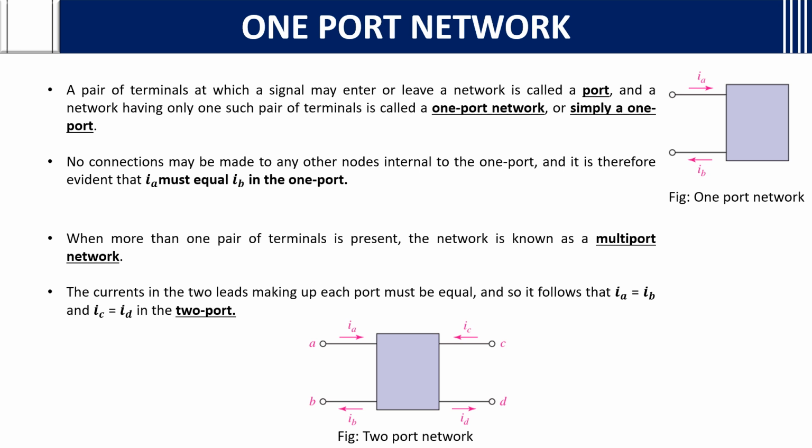If there are 2 pairs of such terminals, it is called a 2-port network. And we can say that IA will be equal to IB and IC will be equal to ID in a 2-port network. The currents in the 2 leads making up each port must be equal. Here also, IA equals IB.